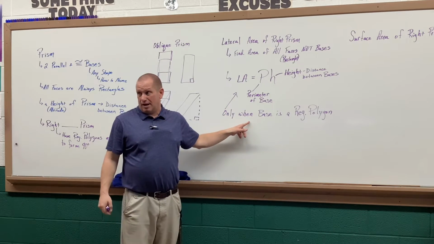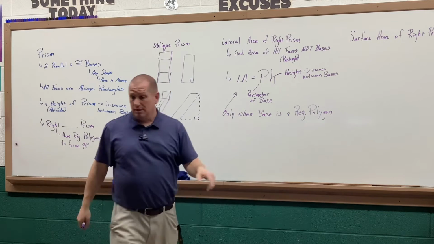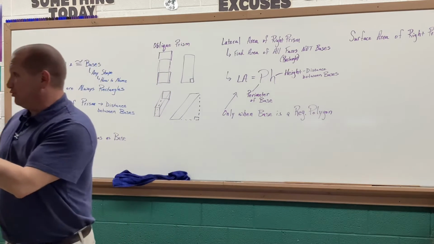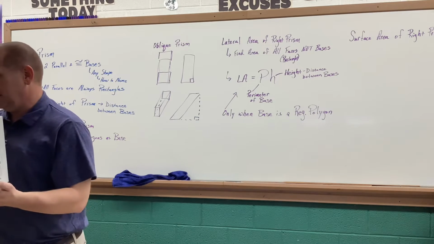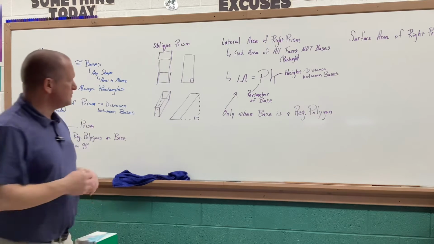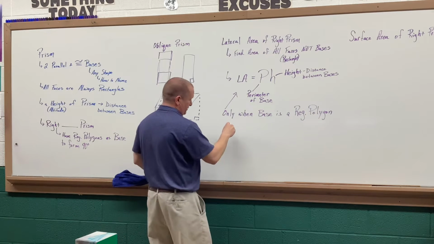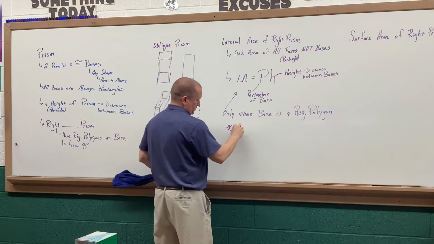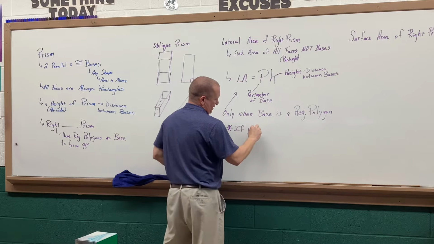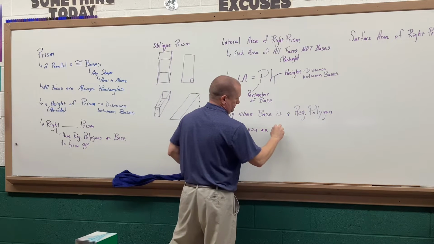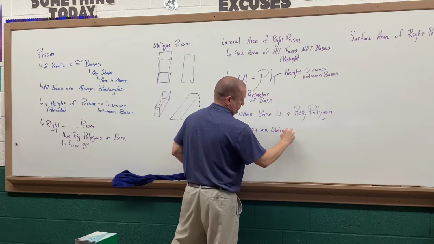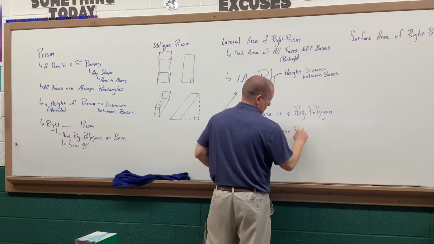So a square would work. But a rectangular prism that isn't regular doesn't. Then I have to do my work inside. Okay? So if you have an oblique prism, what do you have to do?